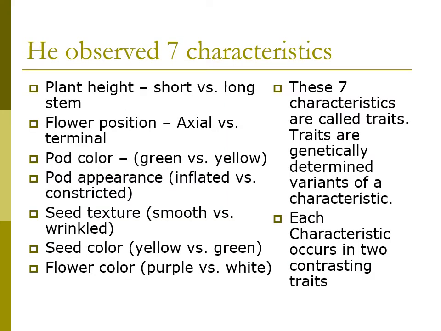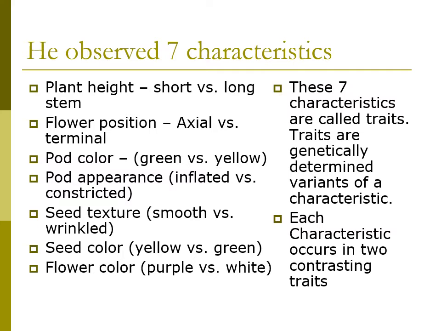So here's some of the characteristics that he looked at in his pea plants. The plant height, where the flowers were, if they were on the top or on the sides. The color of the pods, so there's green and yellow peas. They're all the same species, just different colors. What the pod looked like, if it was inflated or constricted, which means it was wrinkly. Texture of the seed itself, the seed color, and the flower color.